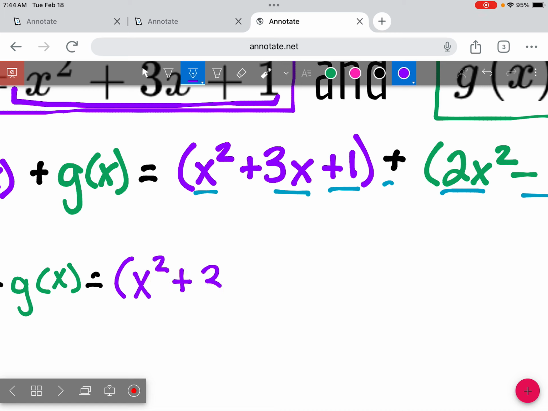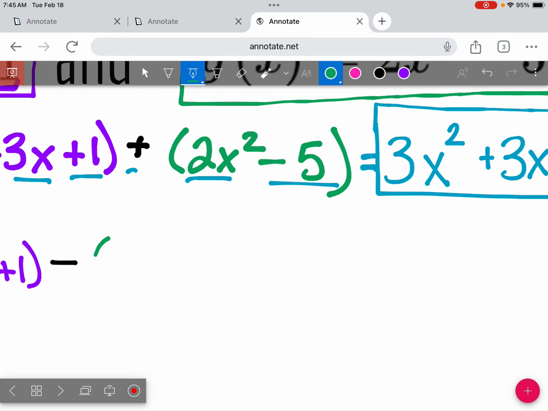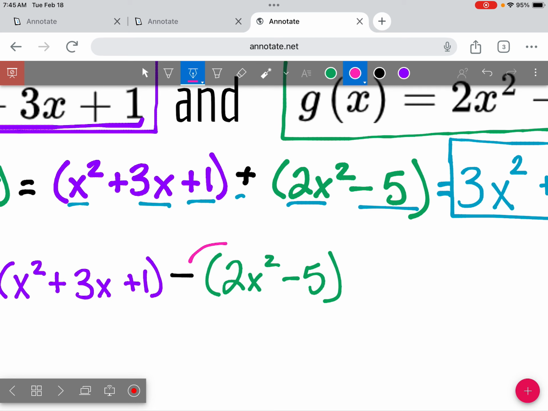So our x squared plus 3x plus 1, and then we're told to subtract our g of x, that 2x squared minus 5. So when we're subtracting, we need to be really, really careful because we actually need to distribute our minus sign here.